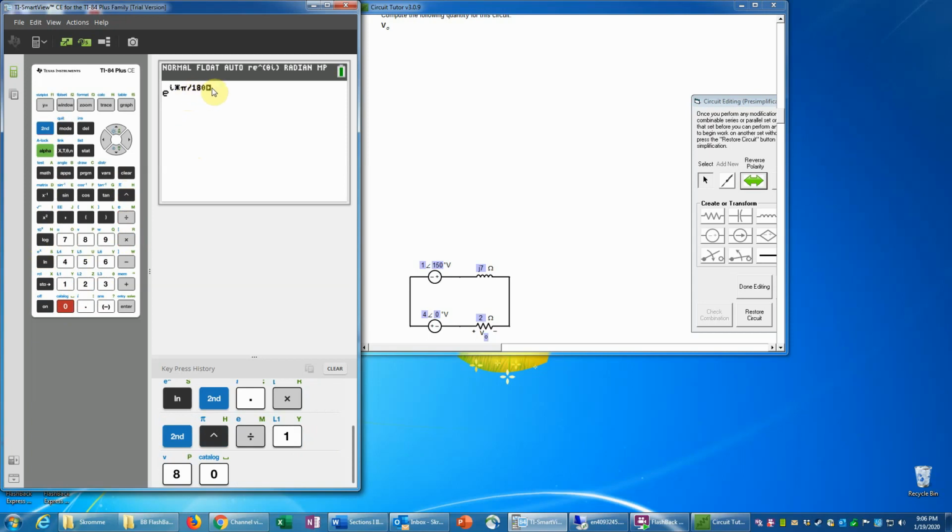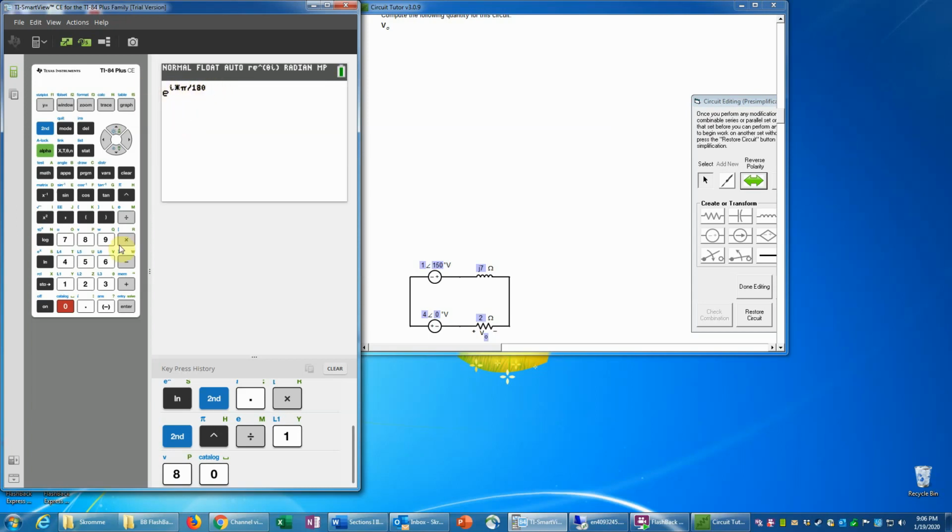Now if I multiply this by a number in degrees, or equivalently raise this whole thing to a number in degrees, the pi over 180 will automatically convert that into radians so that I'll get the correct answer.